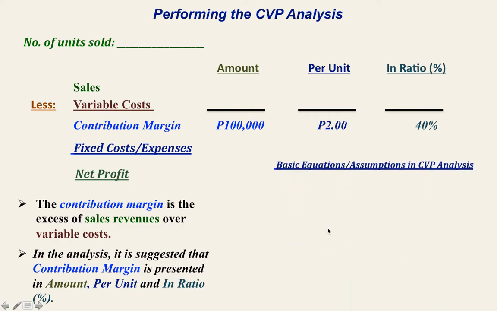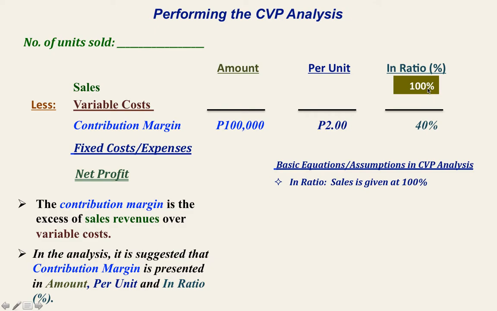Okay, class. I would like us to remember the basic equations or assumptions in performing CVP analysis. The first one is, in ratio, sales is given at 100%. So this is already given. Sales is always 100%.